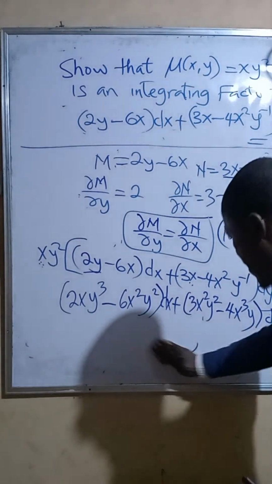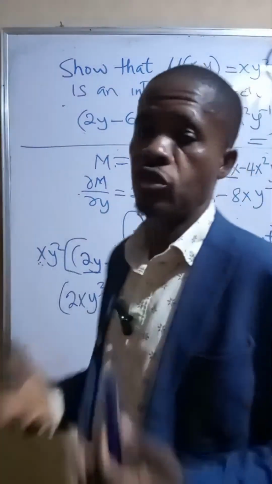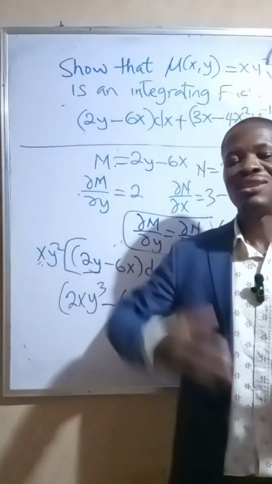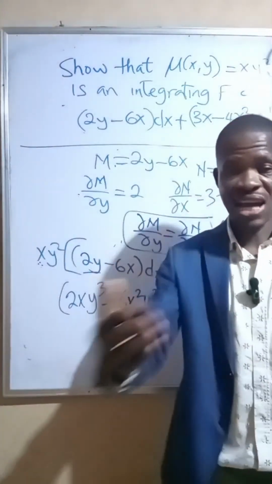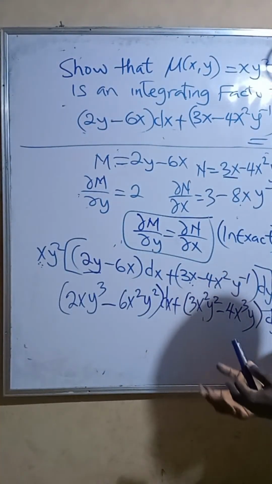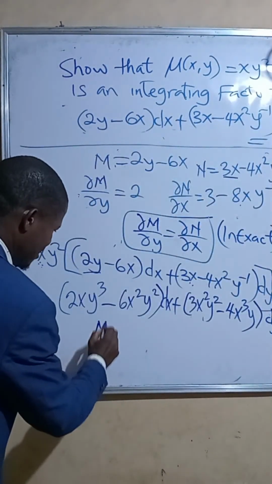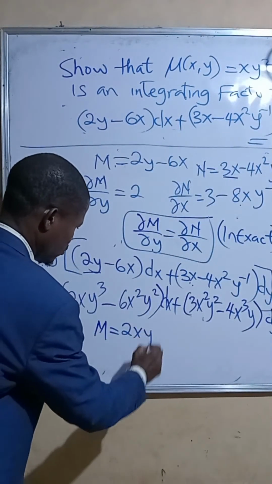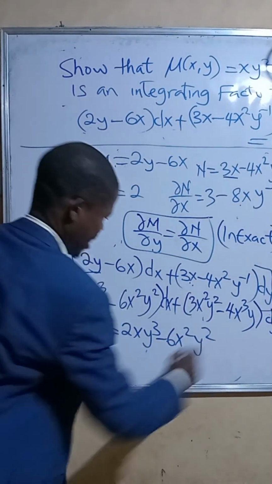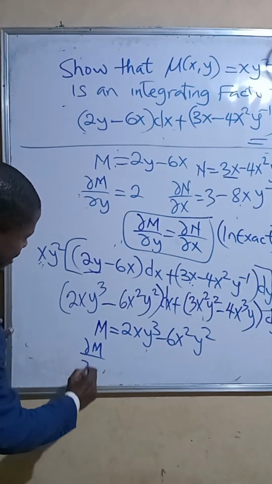Then automatically, when you use your integrating factor to multiply the given differential equation, definitely it will be exact. But let me show that to prove that it is exact. Our M is this 2xy cubed minus 6x squared y squared. And we differentiate that partially with respect to y.